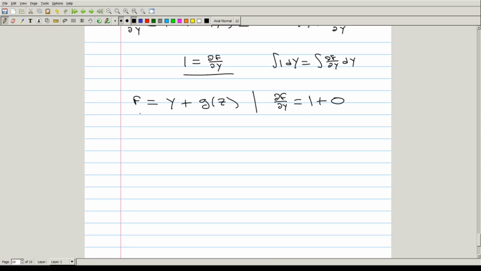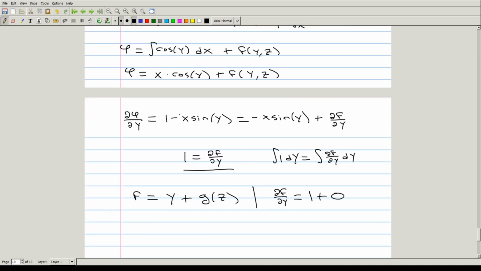But this expression for f inside this expression for phi will give us another simplification. We have that it's equal to x cosine of y plus f, which is y plus g of z.